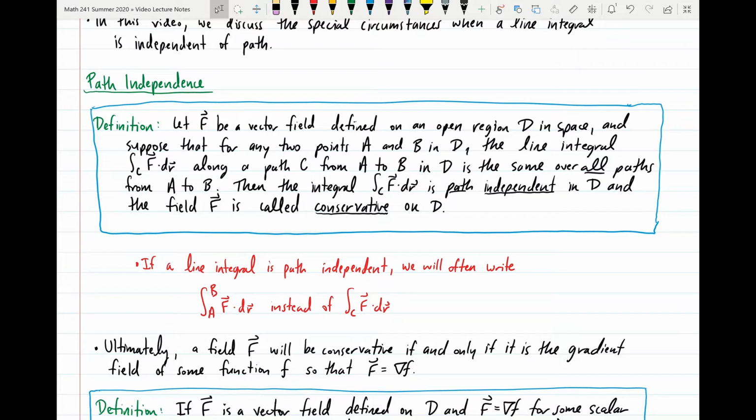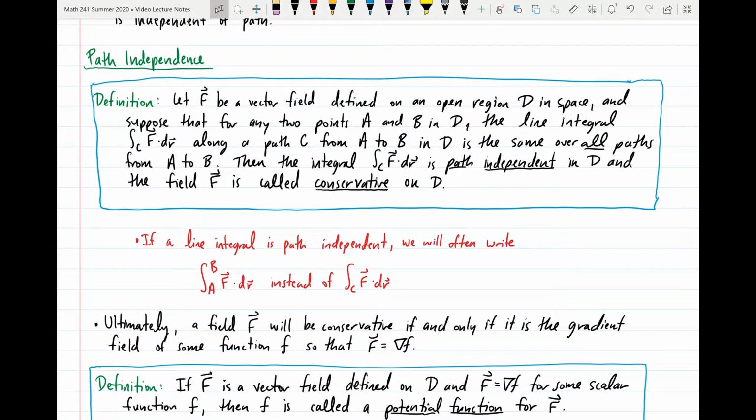So if we let F be some vector field defined on an open region D in space, and suppose that for any 2 points A and B in D, the line integral of F over the curve C that connects the points A and B in D is the same over all paths from A to B. So if this is the case for any 2 points inside of the open region D in space, then we say that the vector field F is conservative.